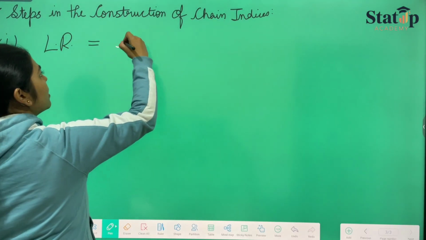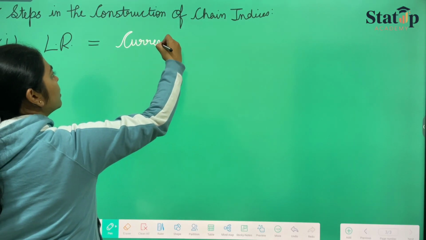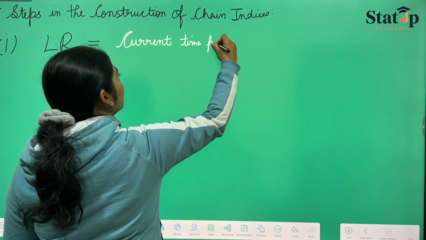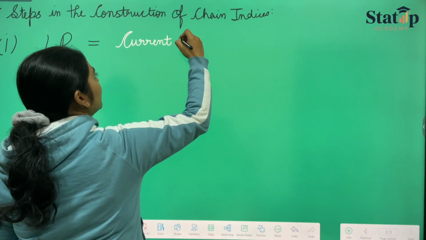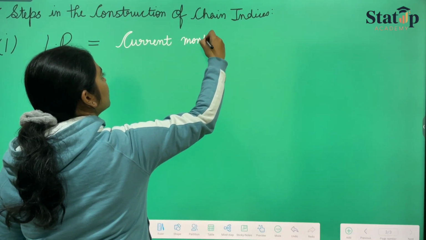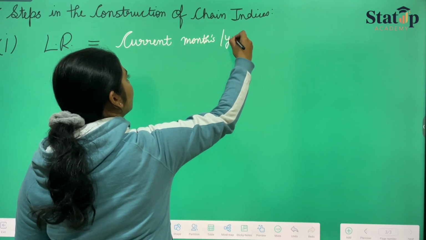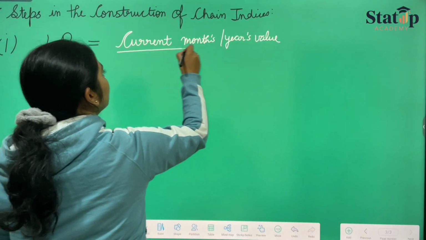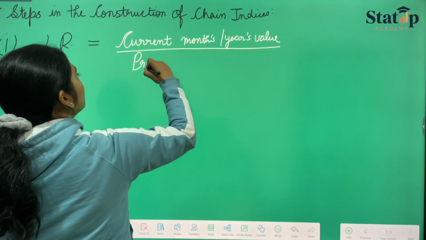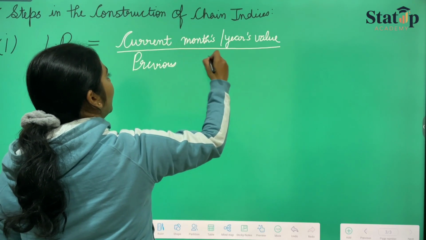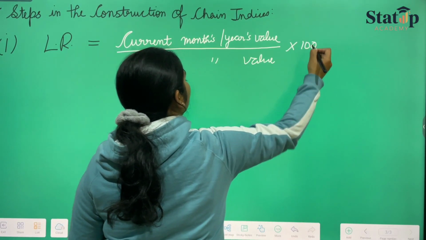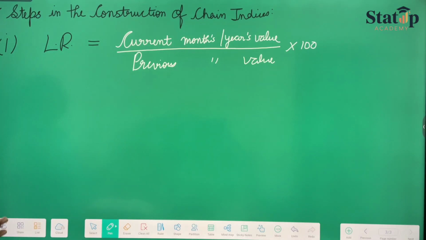Link relative is the current month's or year's value, whatever the time period is, upon the previous month's or year's value, into 100. So it is the percentage of the current month's or year's value to the previous month's or year's value.